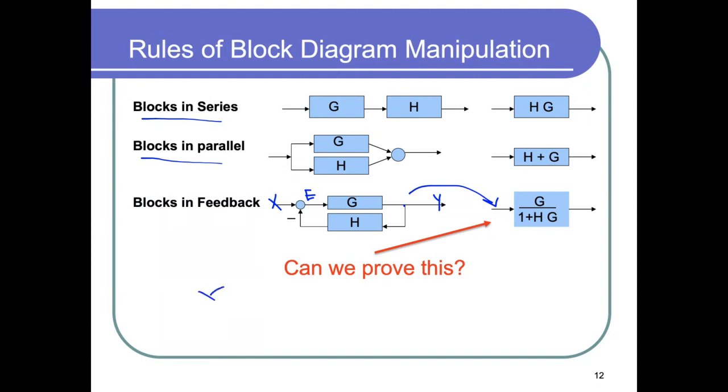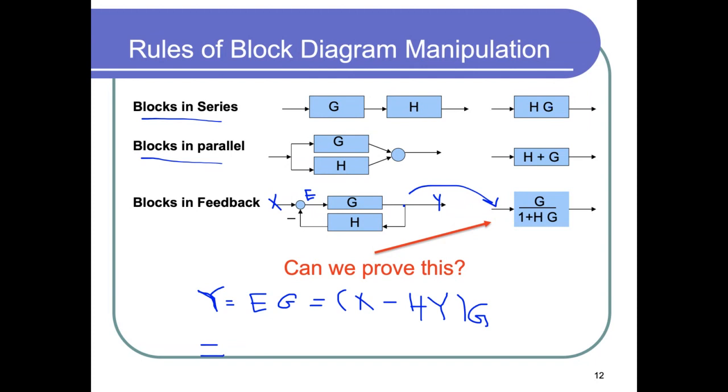Y is equal to E multiplied by G. E is equal to, let's say, this, so I have a pickup point here, so I have here HY. E is simply X minus HY. This is all multiplied by G. Correct?